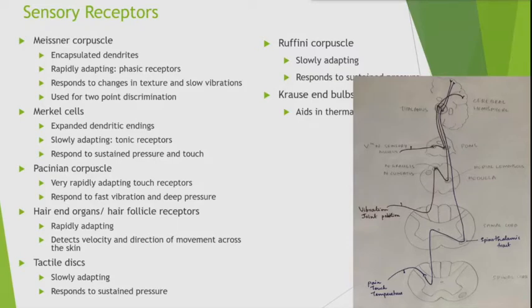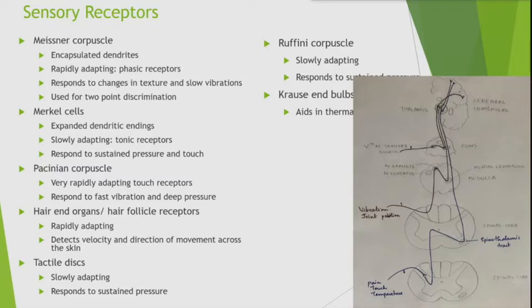Then it ascends up the lateral spinothalamic tract, and it passes through all structures: spinal cord, brainstem, medulla, pons, and midbrain. Then it goes up to the thalamus.